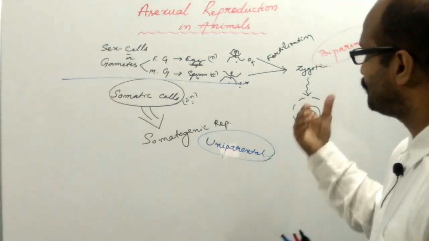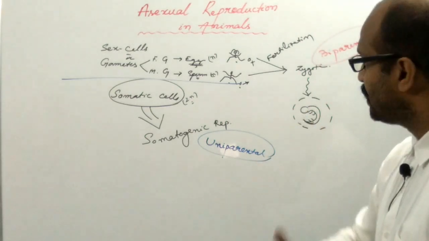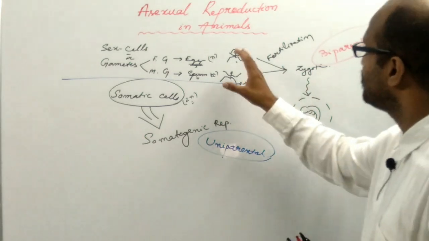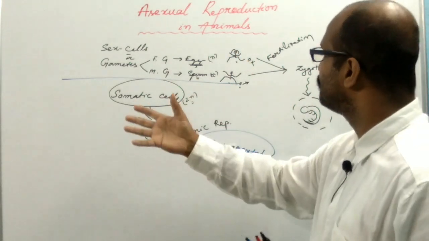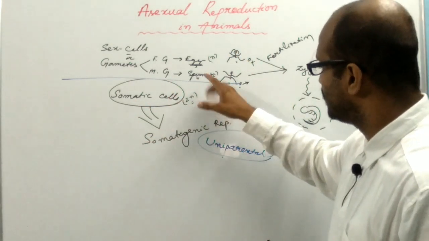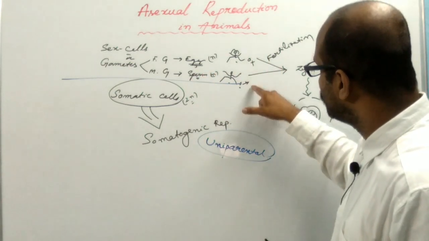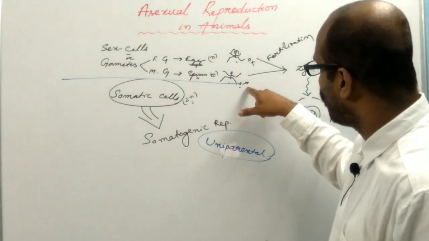In due course of evolution, the complexity of the organism takes place. That's why two parents developed.